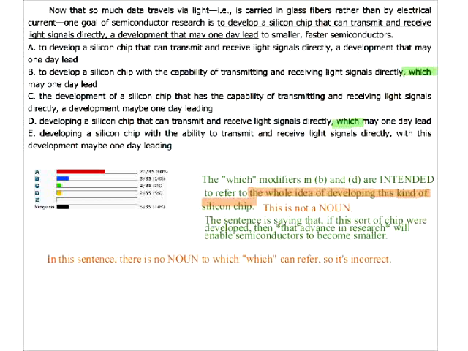So it's incorrect. Another thing about this is that it's a waste of time to try to assign which to a noun, because you know it's wrong. Note that it's a waste of your time to debate which of these nouns it does refer to, because it's wrong regardless.